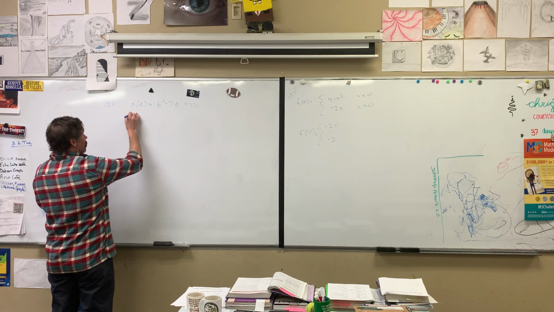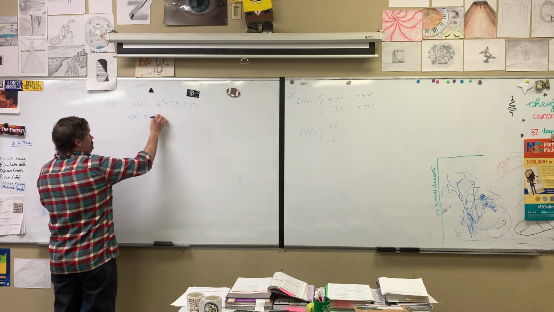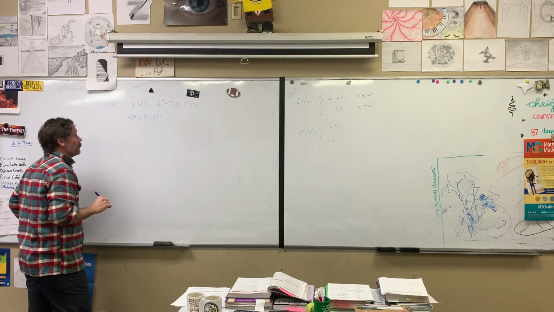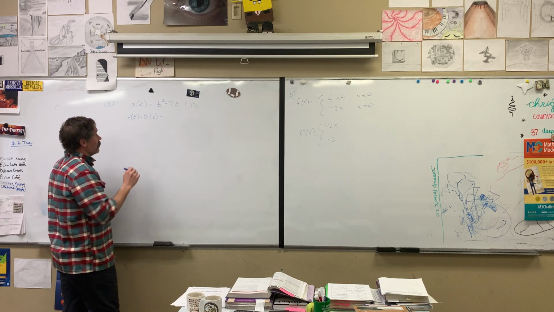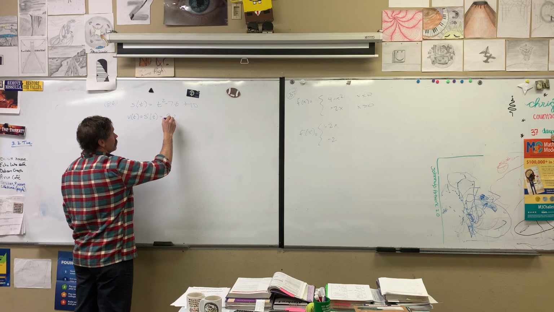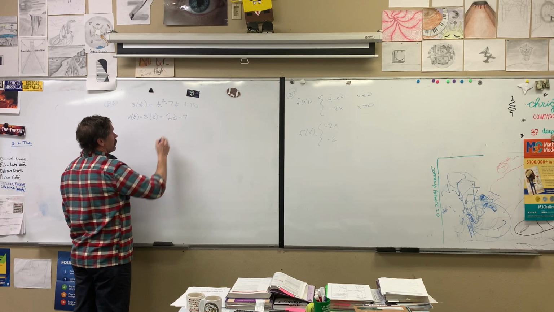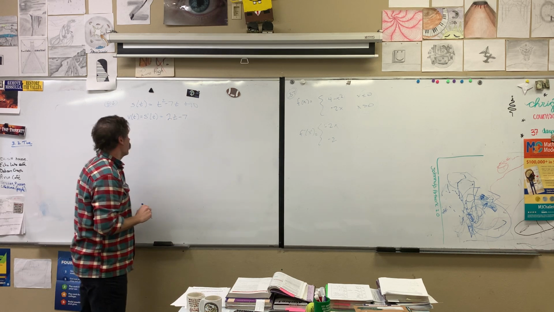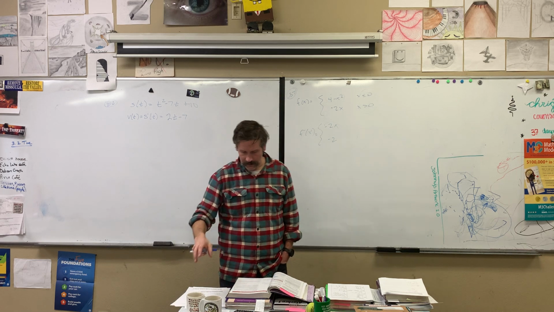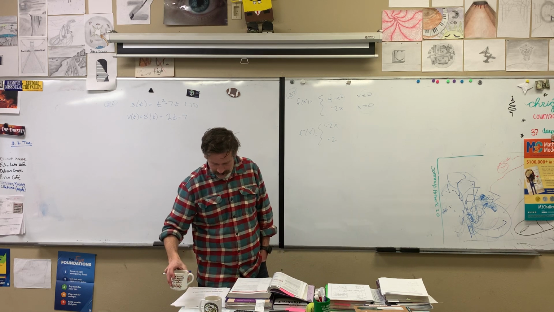So to find velocity, v of t is equal to s prime of t, because it's a slope along the position. So we just do the derivative of that. So we get 2t minus 7. So that's our velocity function. That takes care of part A.